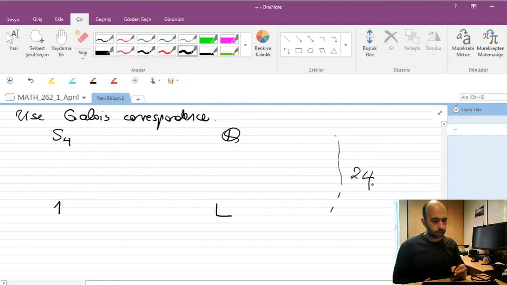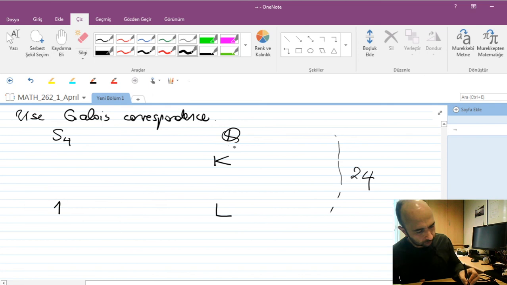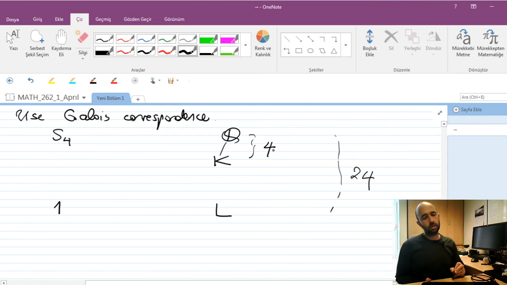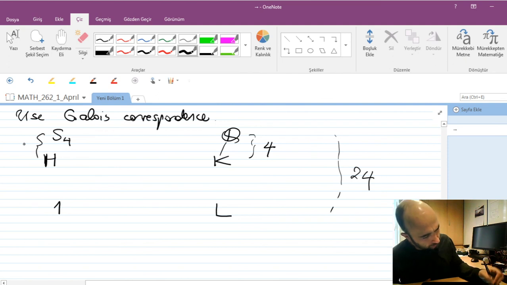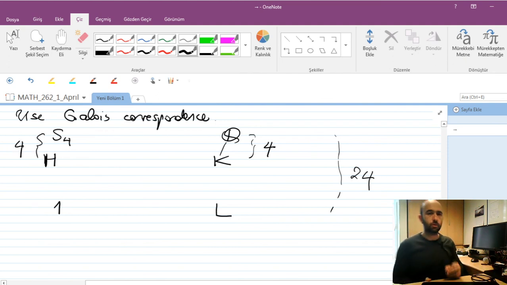Okay. Now, what about K? Well, K is sitting somewhere here, and we just said that the degree of this extension is 4. Therefore, K must correspond here to some subgroup of index 4 in S4. Now, here's how we can answer the problem.